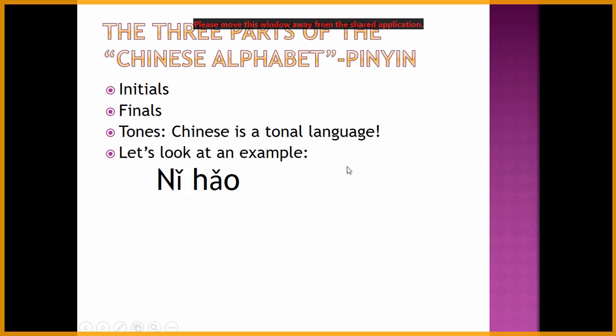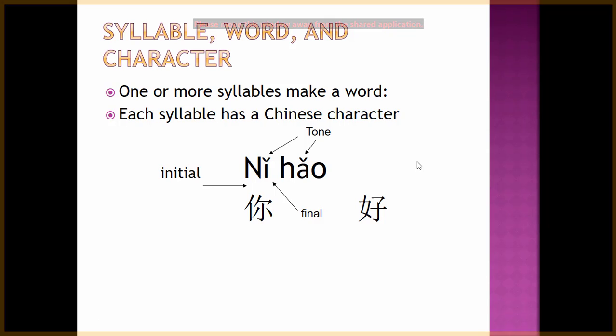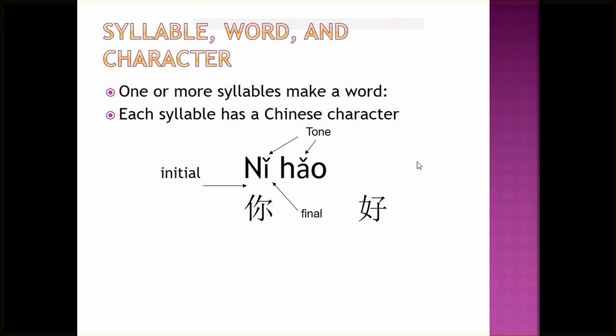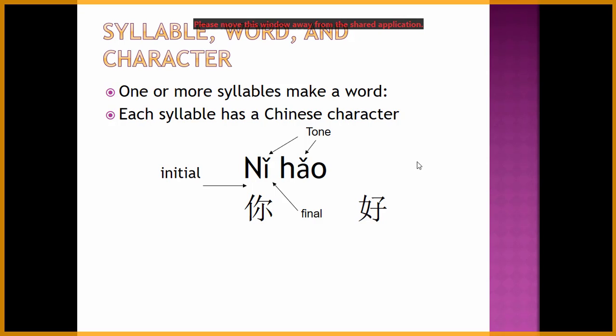Now what are initials and finals? Let's see. Here are some other details. One or more syllables make a word. Each syllable has a Chinese character. Now what is a syllable? Ni hao. In here, ni is one syllable and hao is another syllable. Understand? So the pinyin system.